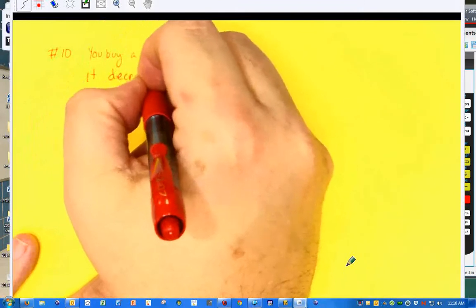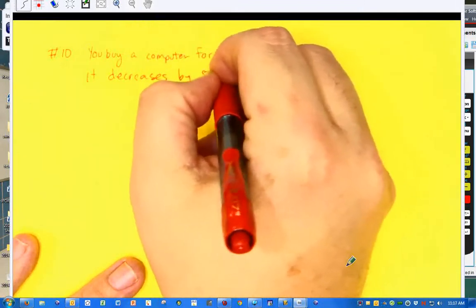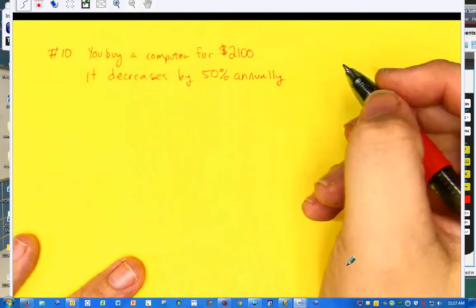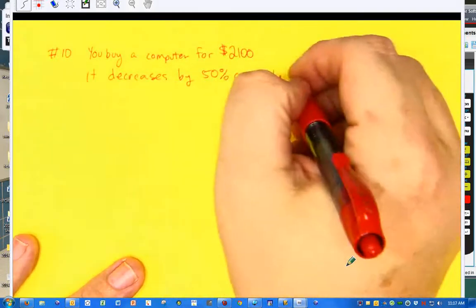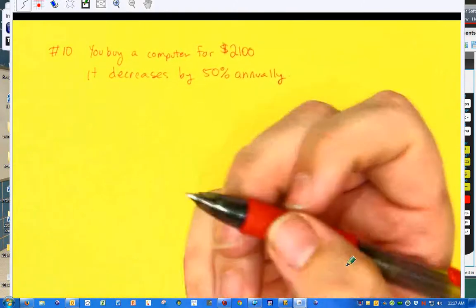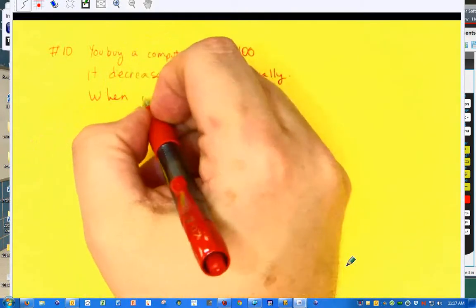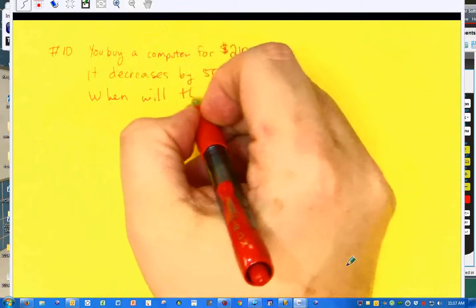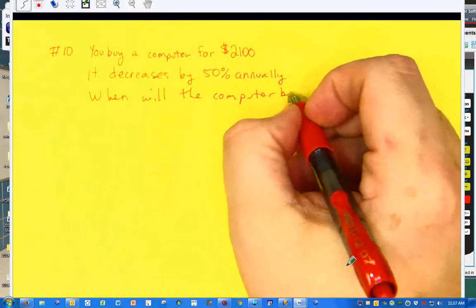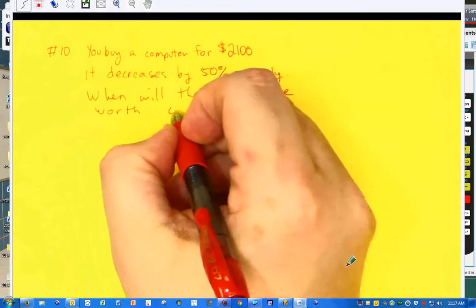It decreases by 50% annually. Now, this is where the question is different than the questions that we've had before. The question is, when will the computer be worth $600?